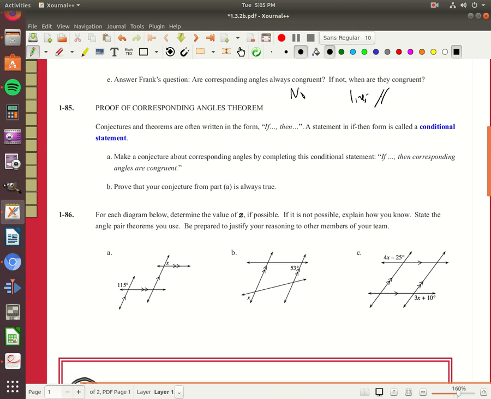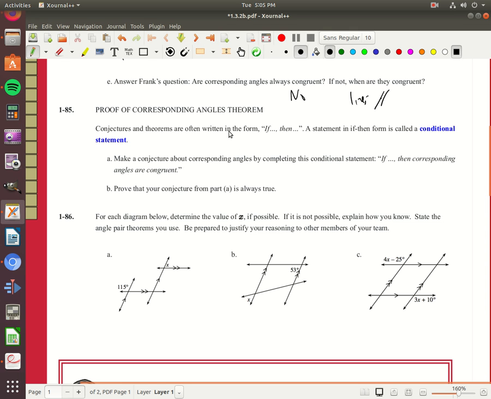All right, so proofs of corresponding angles theorem. Conjectures and theorems are often written in the form if-then. A statement in if-then form is called a conditional statement. So make a conjecture about corresponding angles by completing this sentence. If-then, and it's saying then corresponding angles are congruent.